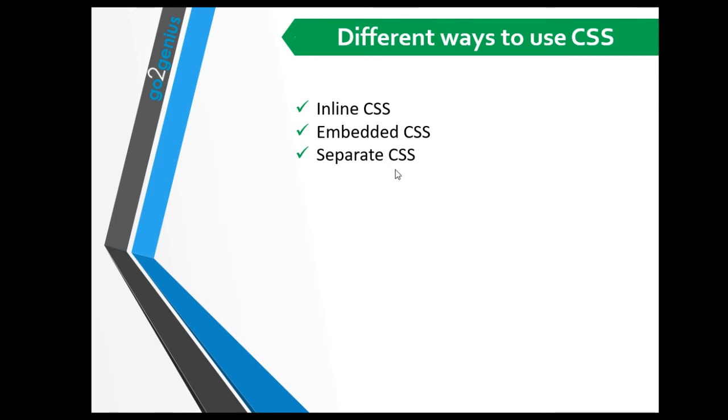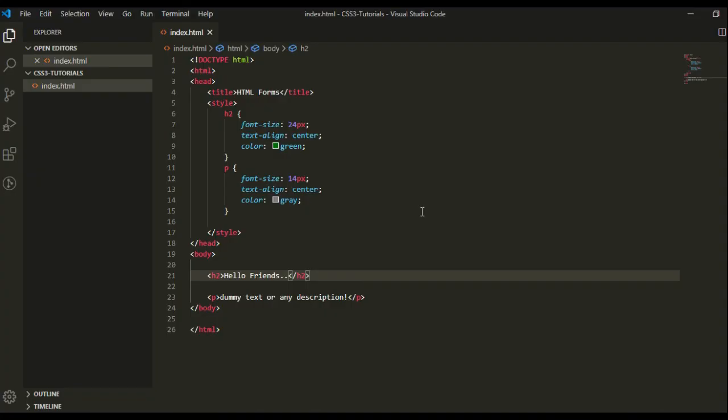The next one is a separate CSS file. A separate CSS file means we create one style sheet and define all these CSS rules, meaning the CSS properties, inside that file, and we import that file inside the HTML file. Let's see how we achieve this.